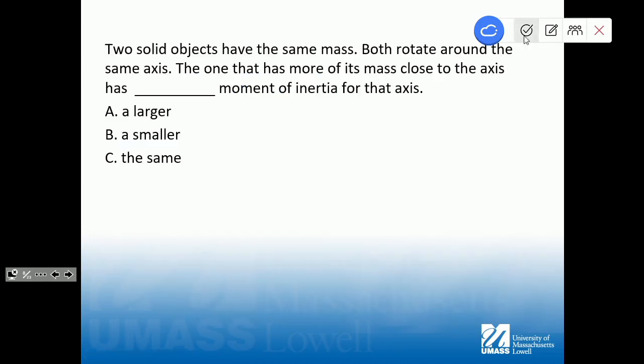Let's see if you guys are ready. I opened the question, yeah.